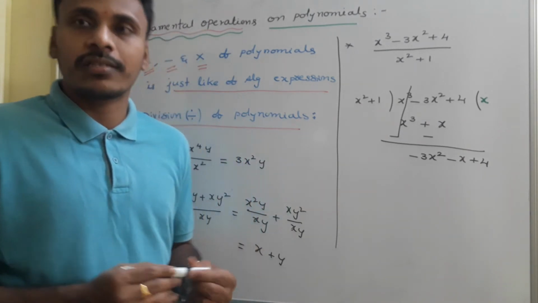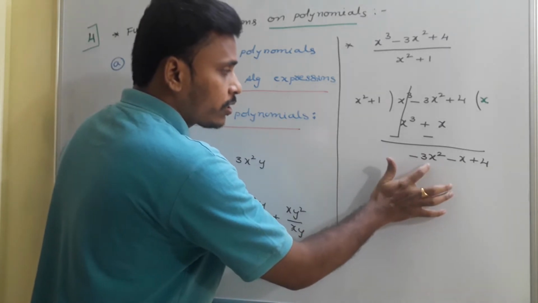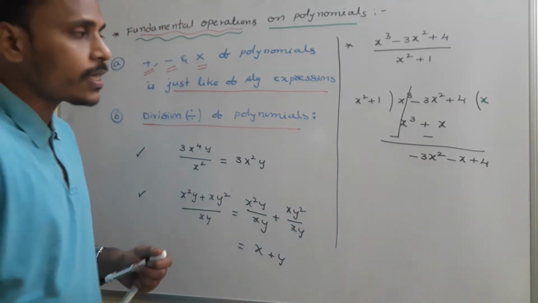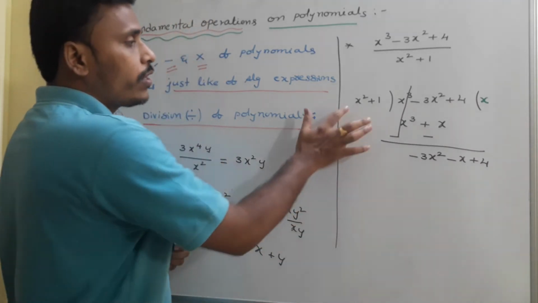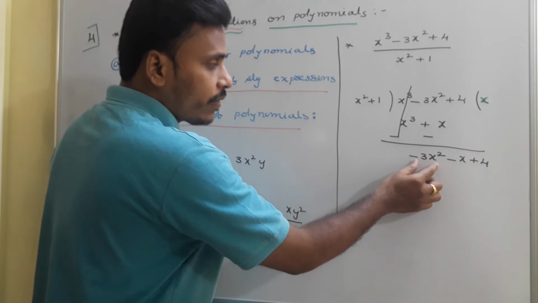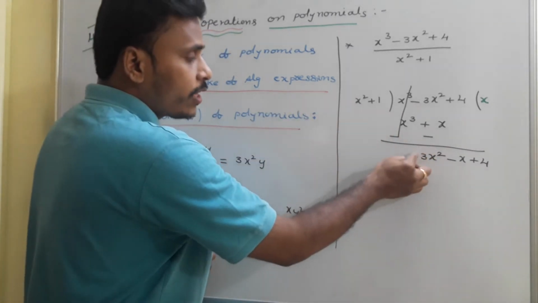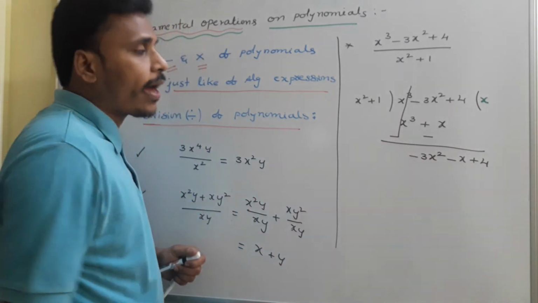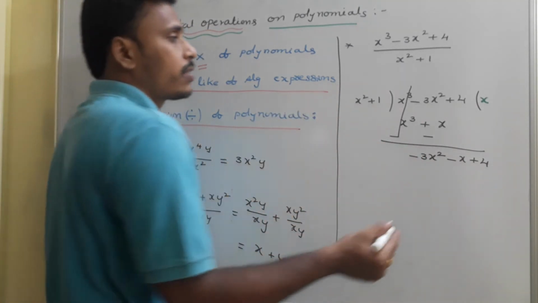Coming to the next step, again, what is the first term? The first term of this dividend part is -3x^2, and of the divisor is x^2. Divide -3x^2 by x^2, and you are left with -3.